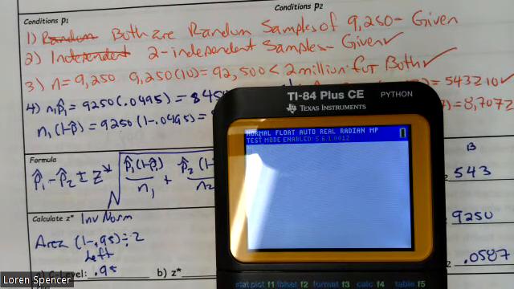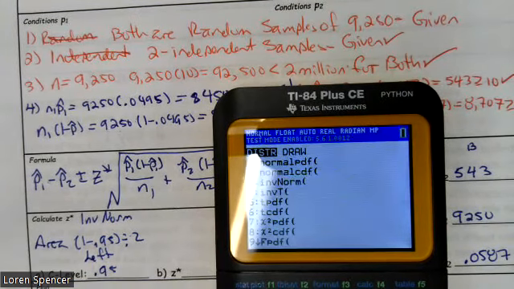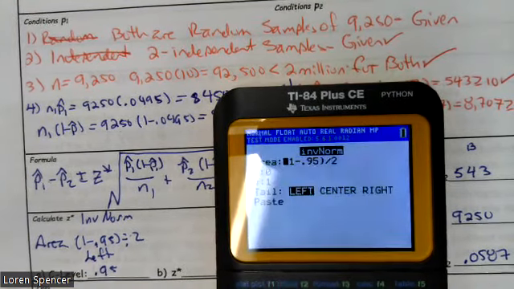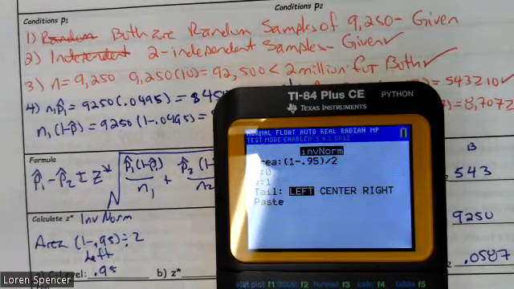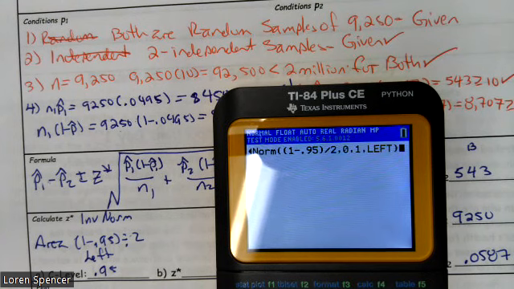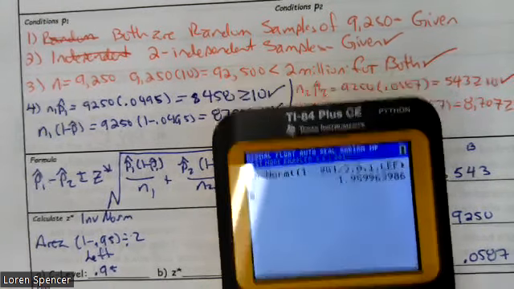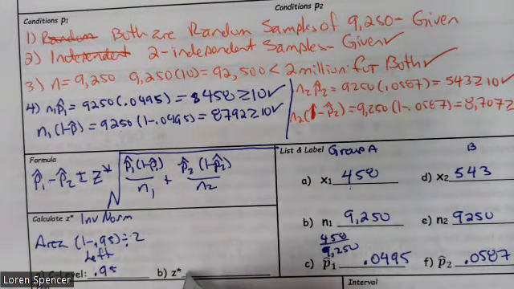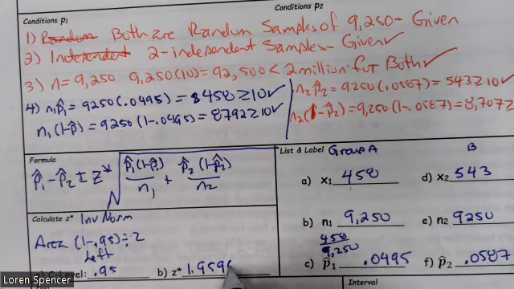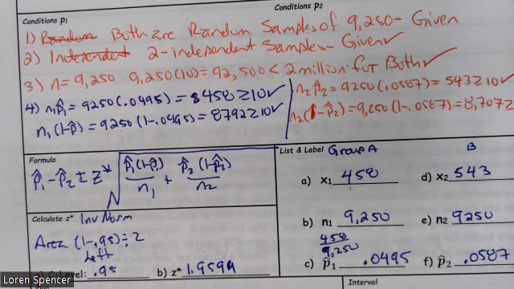On the calculator, second vars, inverse norm, 1 minus 0.95, mean of 0, standard deviation of 1 because it's the z-score. We end up with 1.9599, and because we're positive people, we write it down as a positive number.